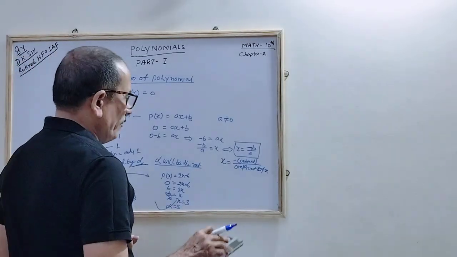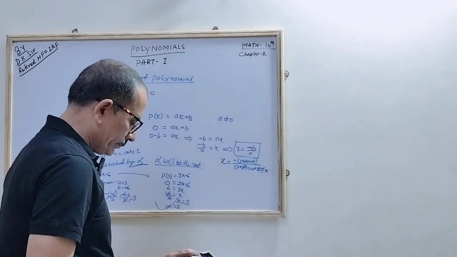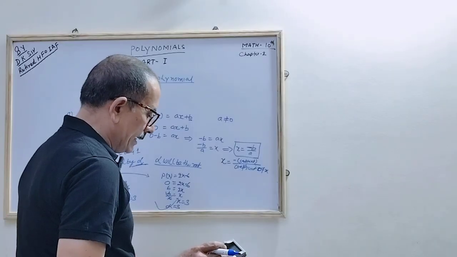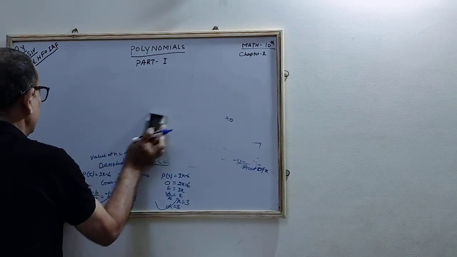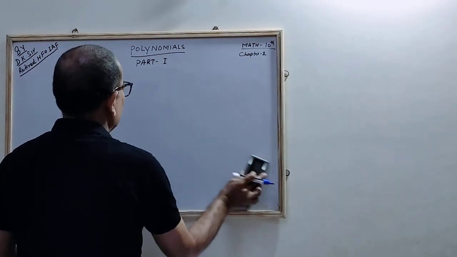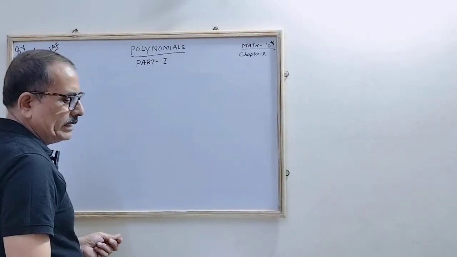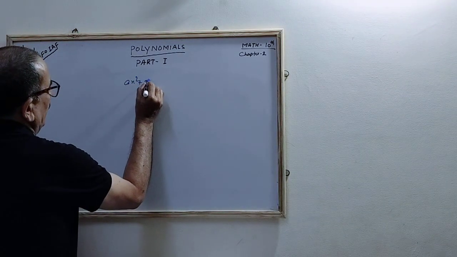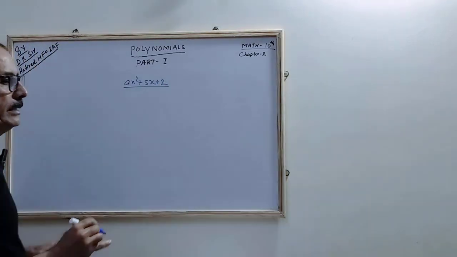The next is very important, correct? That will be the quadratic, very important, because in your syllabus the quadratic polynomial is the most important. One more thing you should know: the polynomial and the equation, there is not much difference. Anything written like x square plus 5x plus 2 is a polynomial, an algebraic expression.